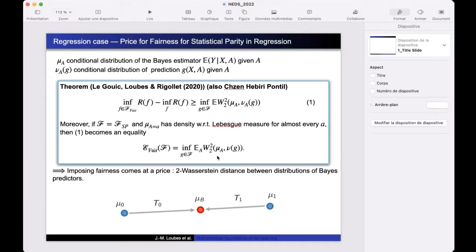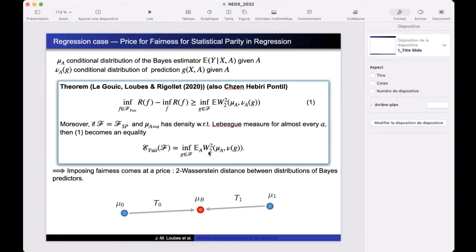So in fact, if I look at that, then you see mu A is a distribution of the bias estimator for each subgroup. So if I come back to my gender case where I have two groups, so I have one mu 0 and one mu 1, then I'm looking at something which is in between with respect to the Wasserstein distance.